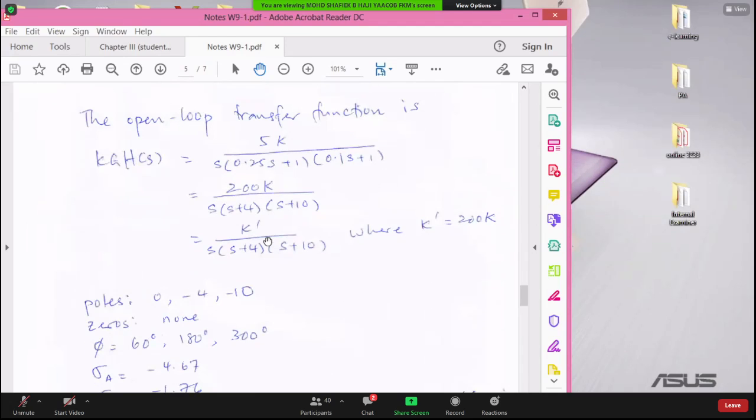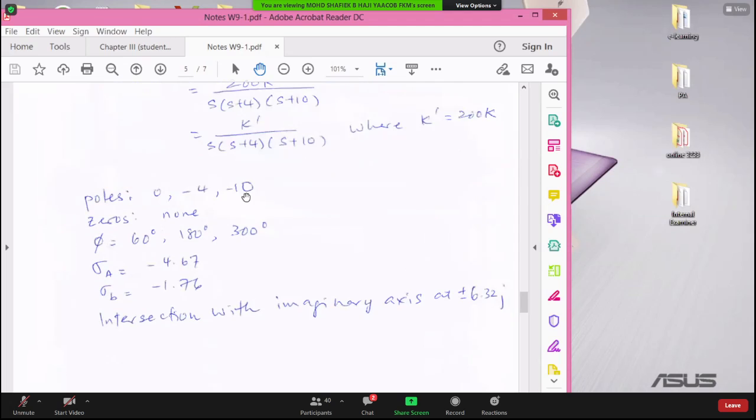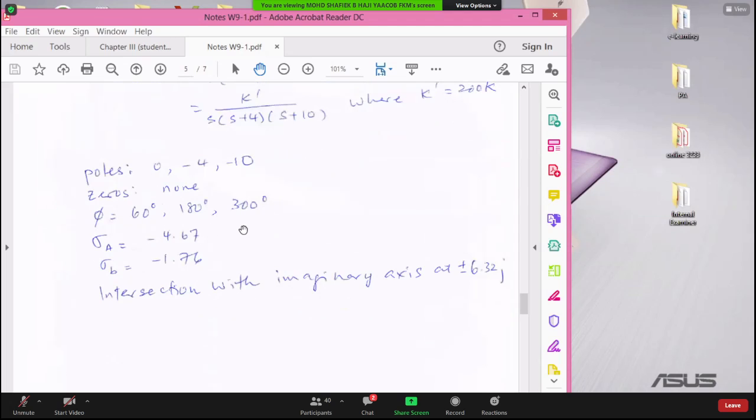Now put that in a zero-pole format, and now identify your poles. You have 3 poles, one at the origin, one at -4, one at -10. You have no zeros. Asymptote angle: in fact, you don't have to compute it. It is going to be the same. If you have 3 poles, the asymptote angles are going to be 60, 180, 300.